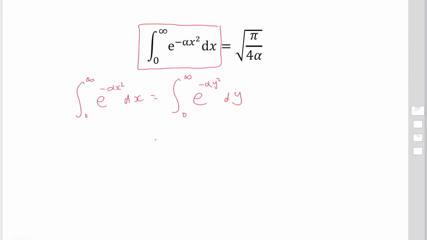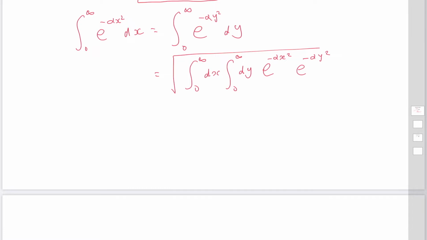So we can write, if we take a square root, the integral from 0 to infinity dx, the integral from 0 to infinity dy, exponential minus alpha x squared, exponential minus alpha y squared.